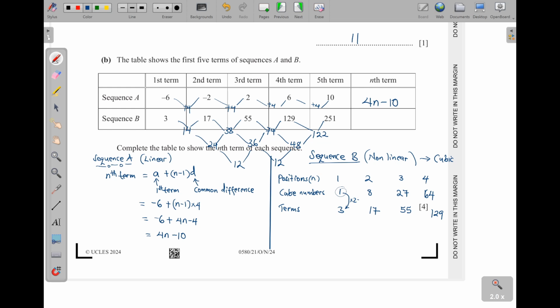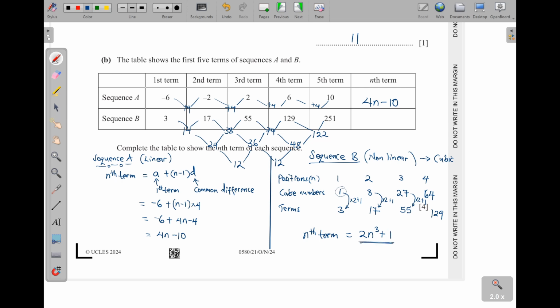So times 2 plus 1. 8 times 2 is 16, plus 1 gives 17. 27 times 2 is 54, then add 1. 64 the same. So that means the nth term here is going to be equal to 2n cubed plus 1.